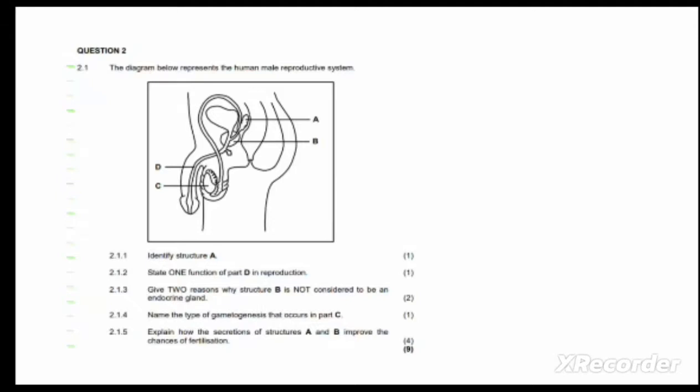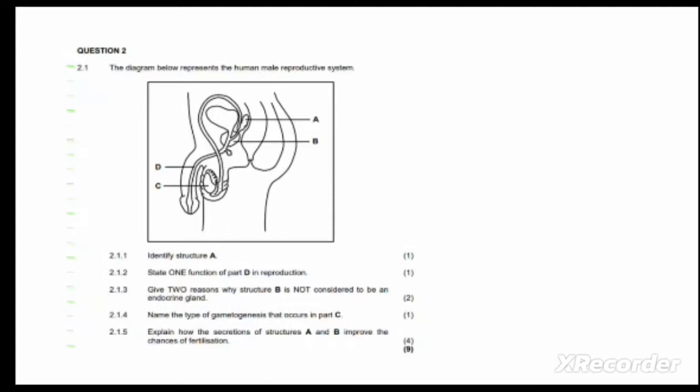Now let's look at the next question. It says explain how secretions of structure A and B improve the chances of fertilization. So the secretion is alkaline to neutralize the acidity of the vagina. Now that's for part B. And then the secretion contains nutrients for the sperm to generate energy for movement.